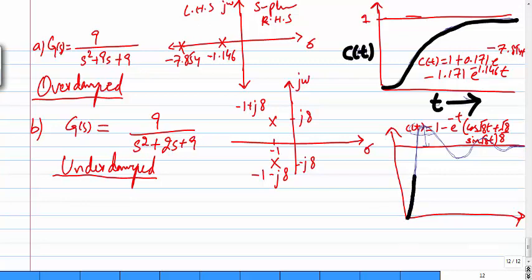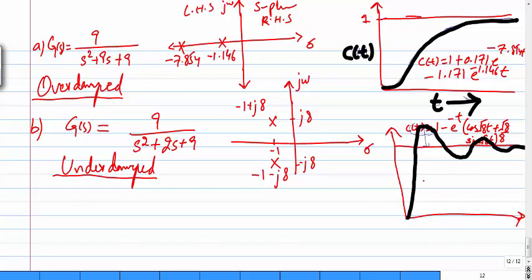I didn't plot it to make the equation visible, so let me plot it here and rewrite the equation. It's better to rewrite the equation.